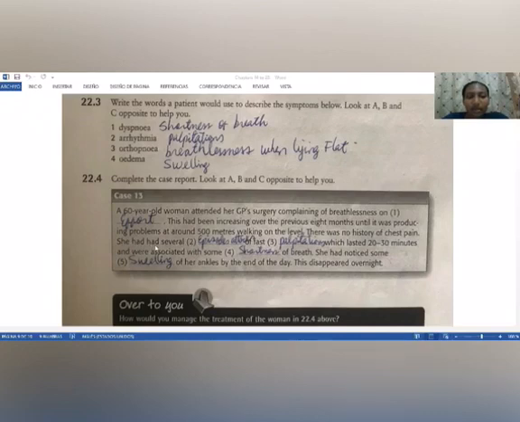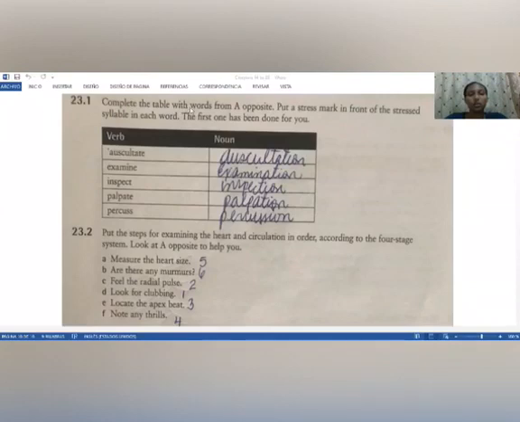She had had several attacks of fast palpitation which lasted 20 to 30 minutes and were associated with some shortness of breath. She had noticed some swelling of her ankles at the end of the day, but these disappeared overnight.